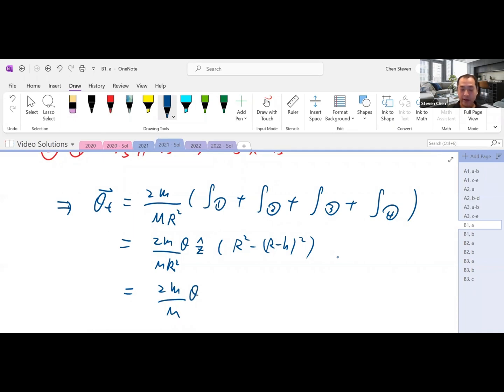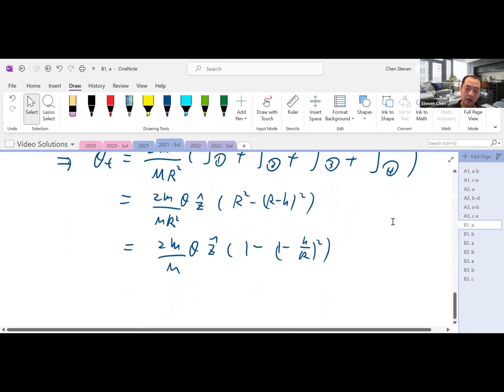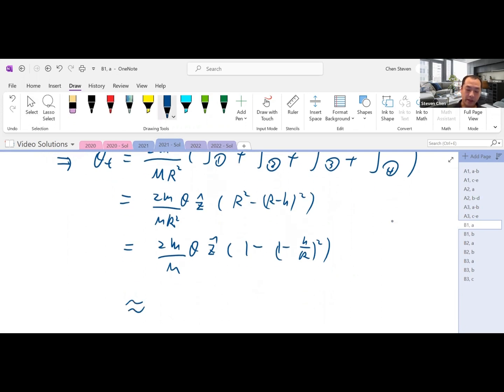So let me divide r squared in each term in the parentheses, okay? You get this one. And recall that this problem assumes h is much smaller than r.